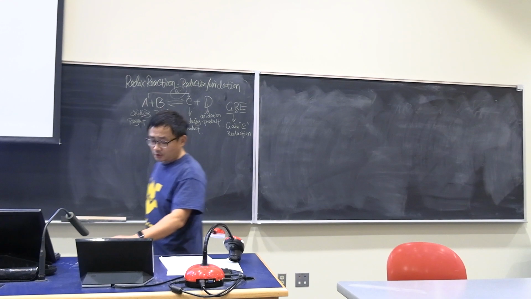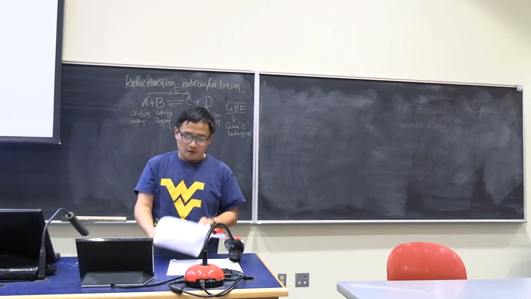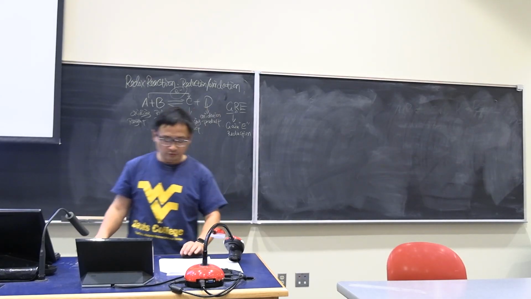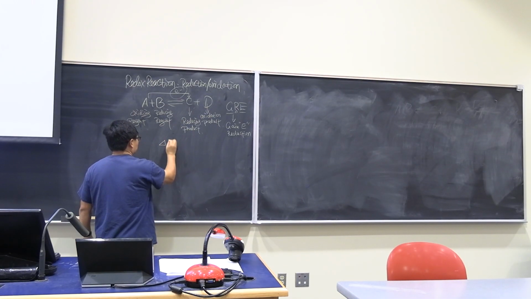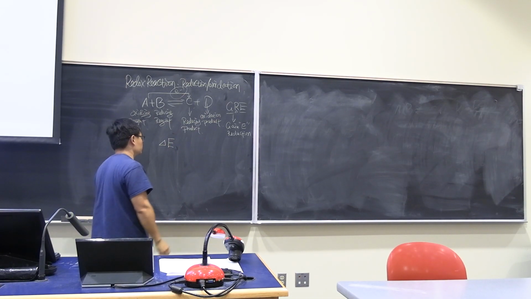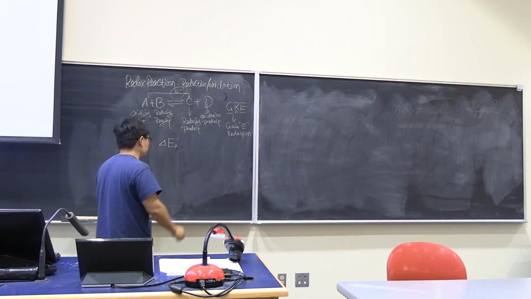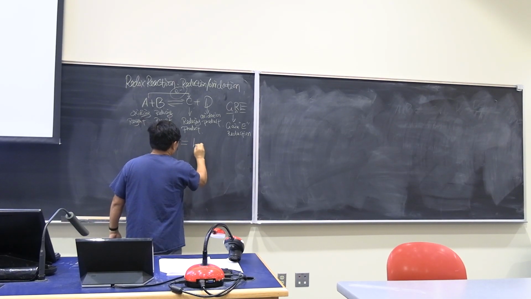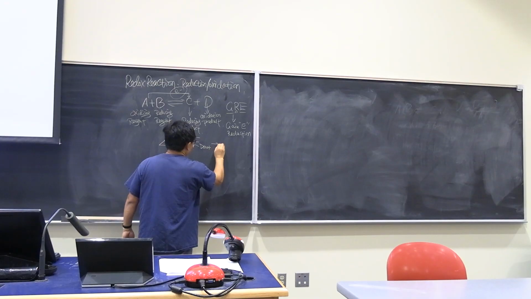Okay. Now how are we going to express that? This is something we want to talk about. For electrons, we use delta E to express it. Electron transfer always has an electron donor and an electron acceptor.